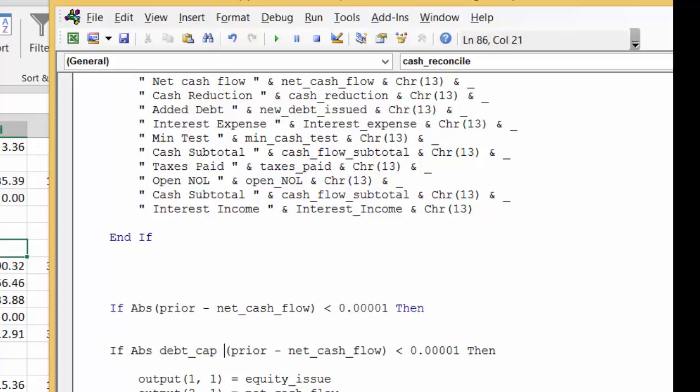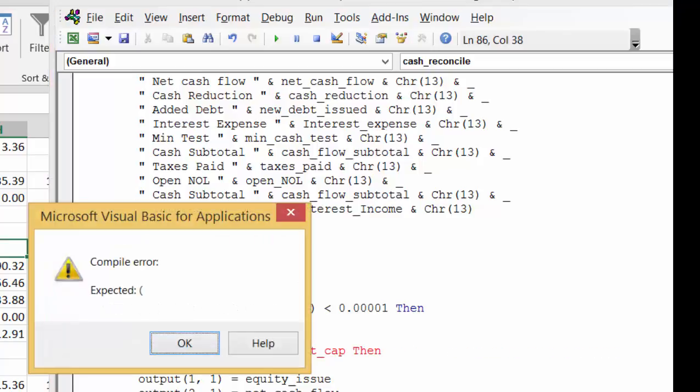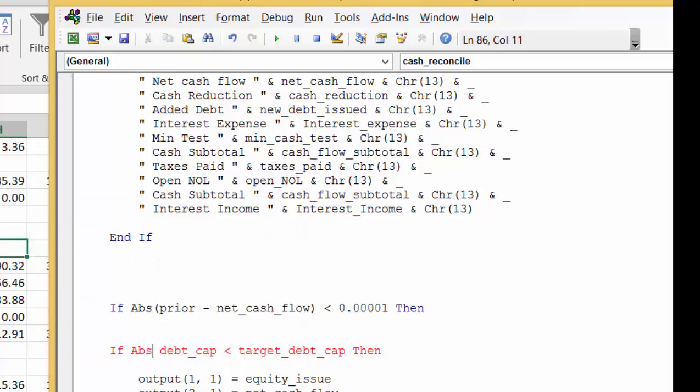So if it becomes less than the target debt to capital, then we're going to, okay, let's put a little comment here. When debt to cap gets small, restart.